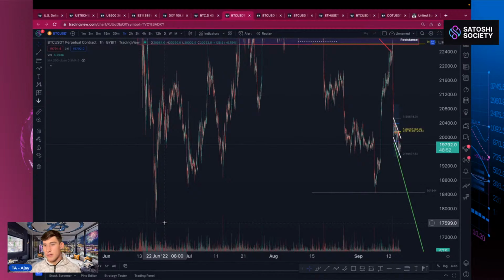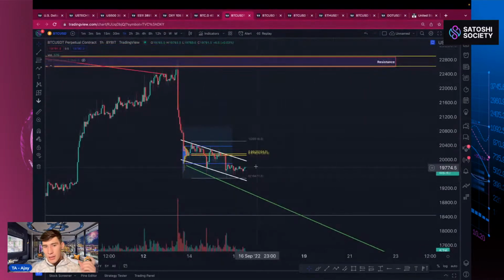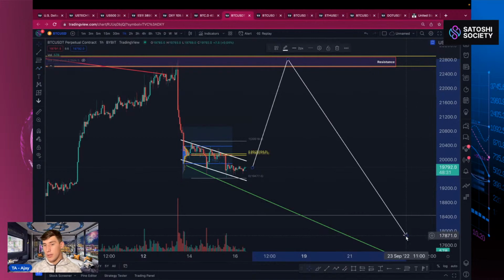So $17,600 approximately is where the previous low is. So in the short term, I'm looking for this long position. I'm looking for the price to potentially come back up to this $22,600, $22,300 level. Then I will be looking for that massive short position up here, and then that rejection all the way back down here.